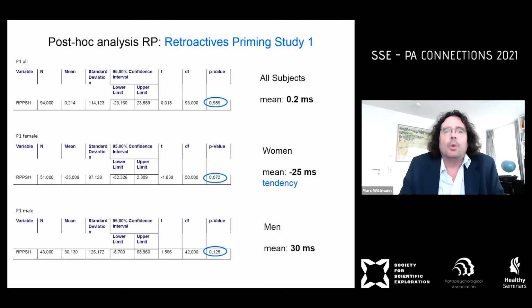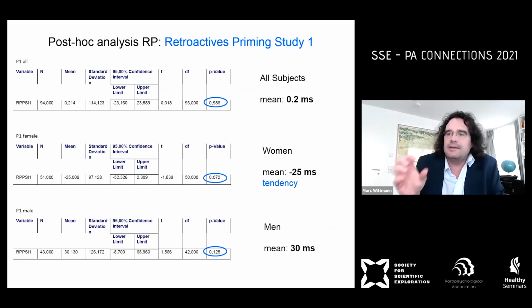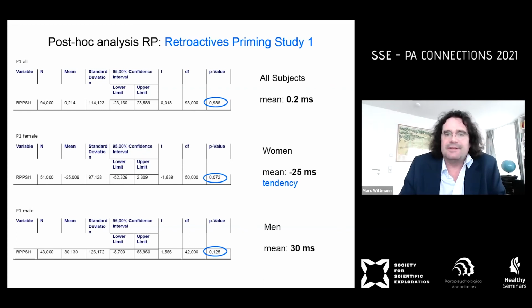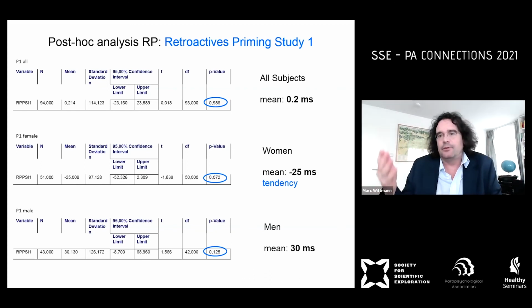Okay, so we have a post hoc analysis now for the retroactive priming study 1, only these 20 best photos. And actually, if you look at this, there's not much difference to study 1 with all 40 photos. You see across all subjects, no effect. In women, we have again this tendency for a negative value, minus 25 milliseconds.